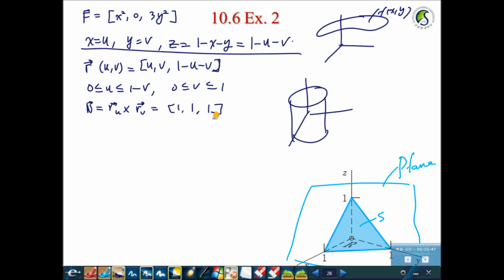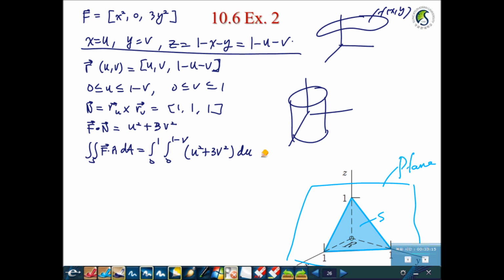So F dot n is u squared plus 3v squared. The integral of the vector field is from 0 to 1, 0 to 1 minus v, of u squared plus 3v squared, du dv. The calculation gives 1 over 3.